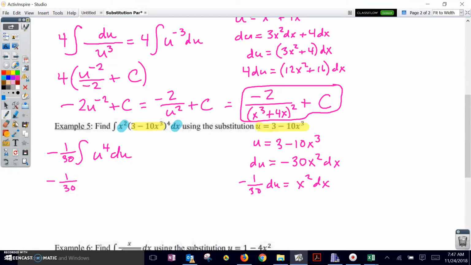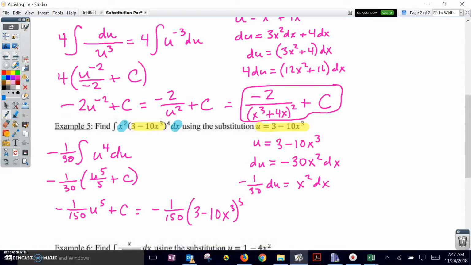I can just go ahead and use the power rule in reverse. That's u to the 5th over 5 plus c. And so this turns into, wow, negative 1 over 150 u to the 5th plus c. Negative 1 over 150, and we bring u back, times the quantity 3 minus 10x to the 3rd, all to the 5th, plus c. And there's our integral.